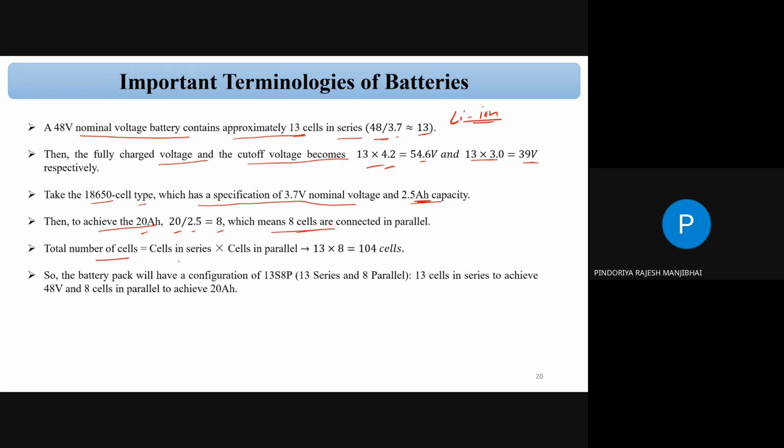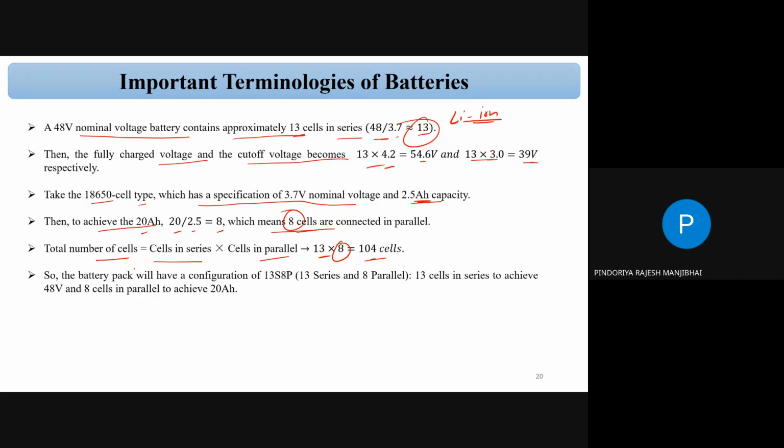Total number of cells, cells in series and cells in parallel: 13 cells in series and 8 cells in parallel. So we can say total 104 cells we have to connect, and then we can make one battery pack.